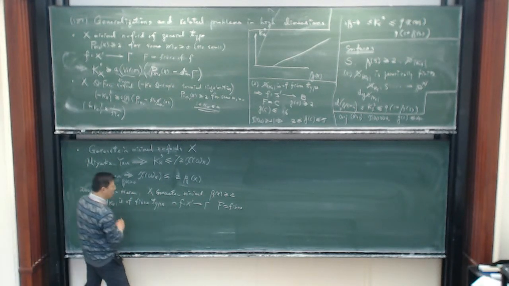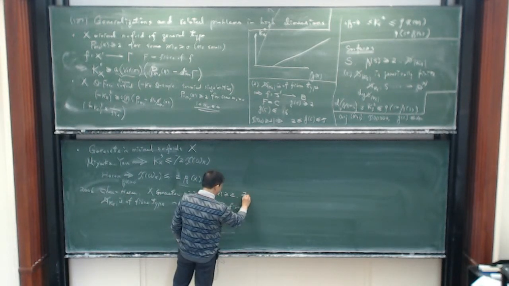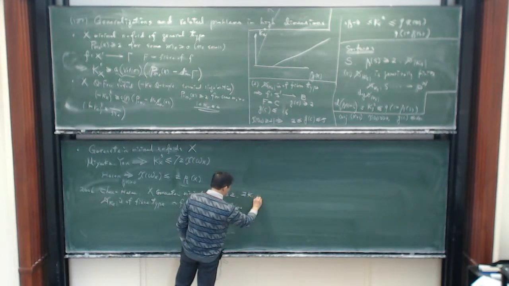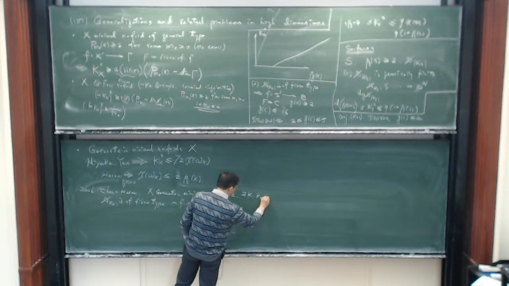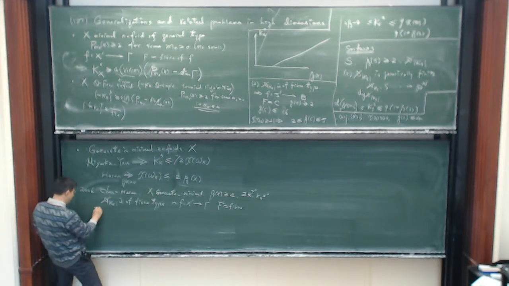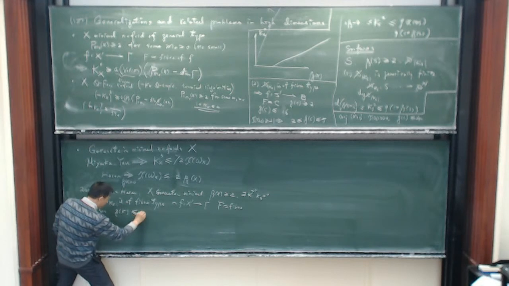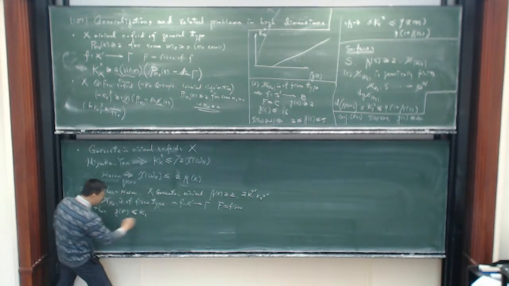So the statement should be like this. There exist two constants, K1, K2. And then the statement is either g(F), when F is a curve, is smaller than K1.